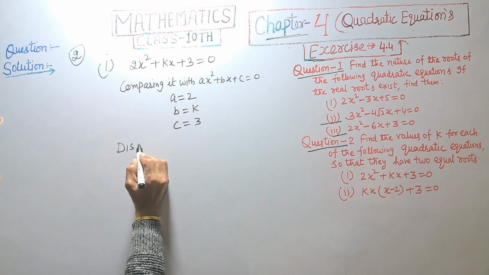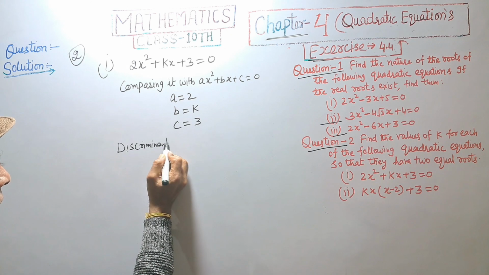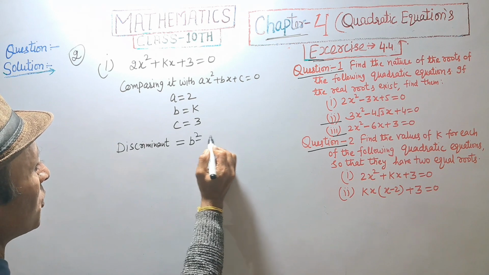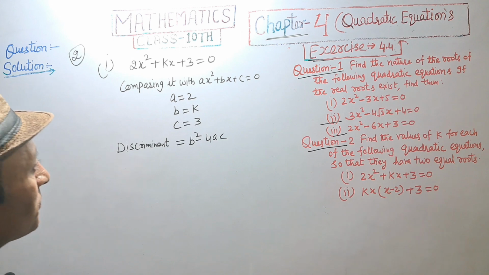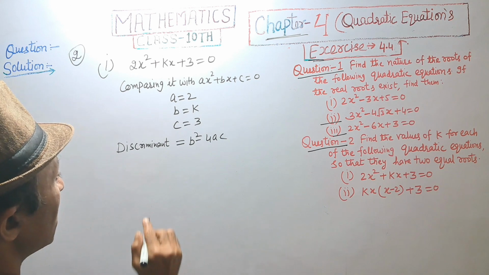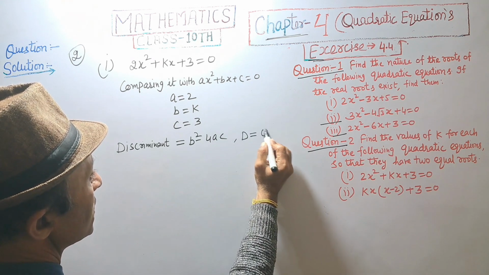Discriminant D is equal to b square minus 4ac. We find the value of k. D is equal to 0.